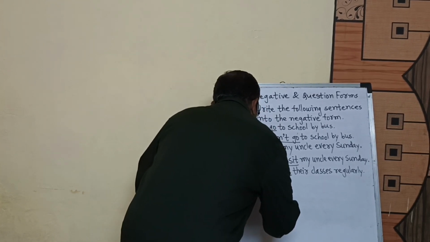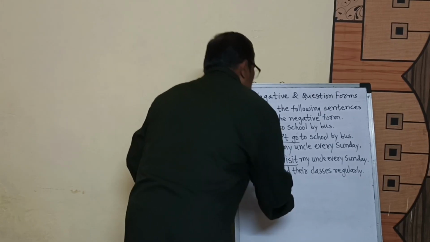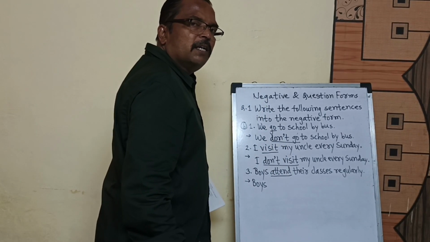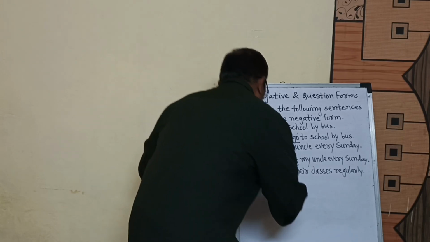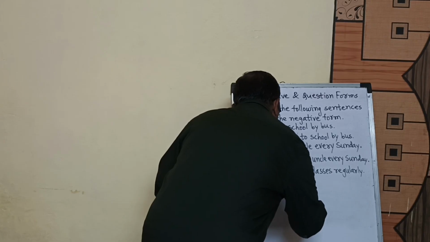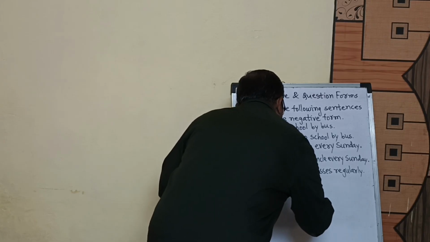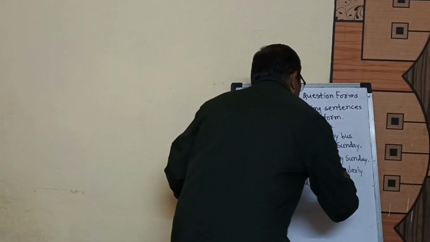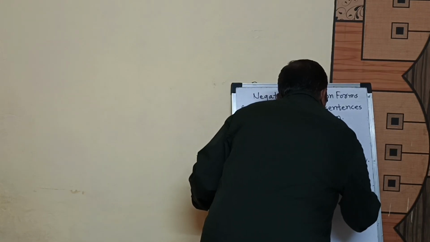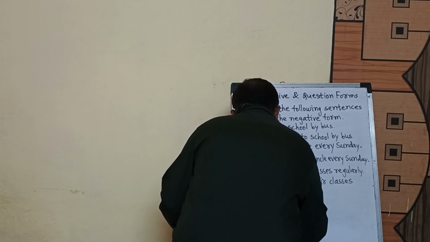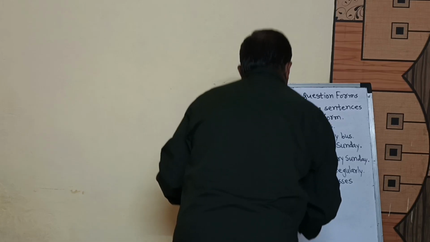So we must make use of the to do auxiliary verb form, that is do, and to transform it into negative we should say don't. Boys don't attend their classes regularly. Yes.